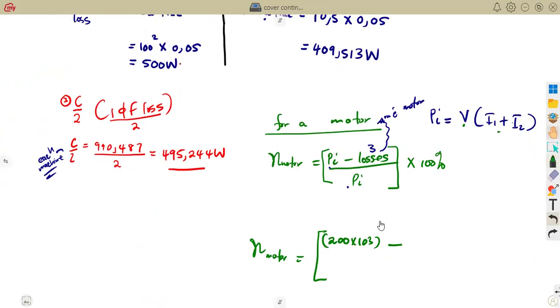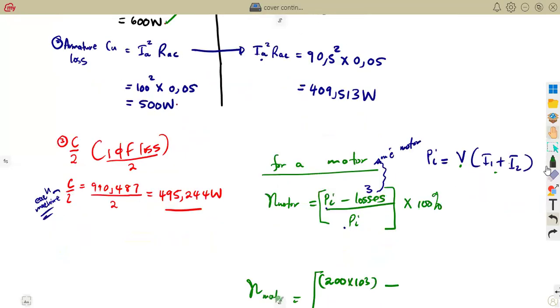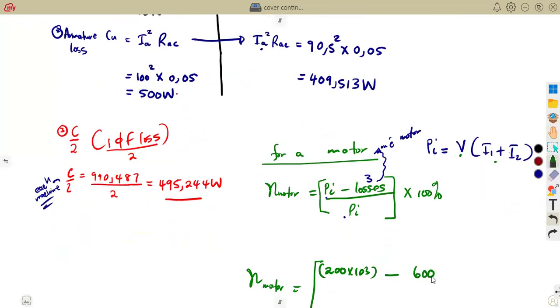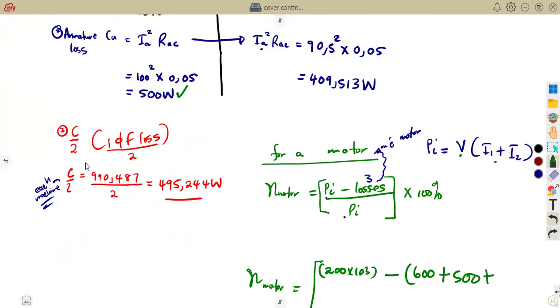So we have the shunt field copper loss, 600. We're just going to combine all of them, so that's 600. I'm just going to put a bracket here. We have the armature copper loss. Remember, we're on the side of the motor. Armature copper loss, it was 500, plus this one: iron, friction, and windage losses. Remember, we said it is the same for each machine, so it is used on a motor and on a generator.